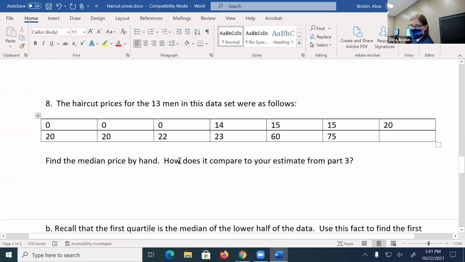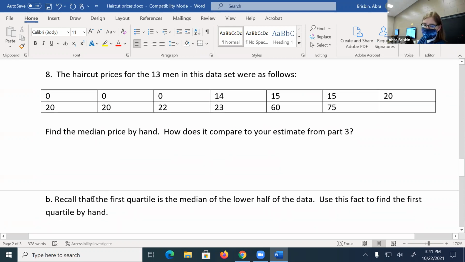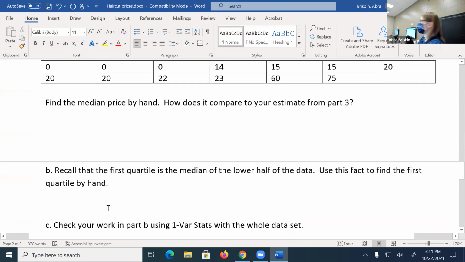All right. What is the median price for men's haircuts in this data set? Someone from table 4, what'd you get? For the first quartile? Nice, yeah.